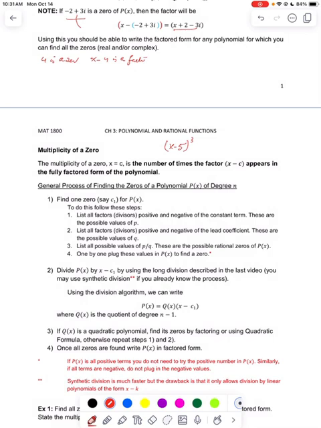What is the process? The first thing is you have to find one zero, and let's call it c1. So what is the step for finding that zero?